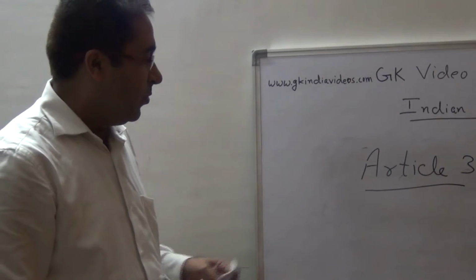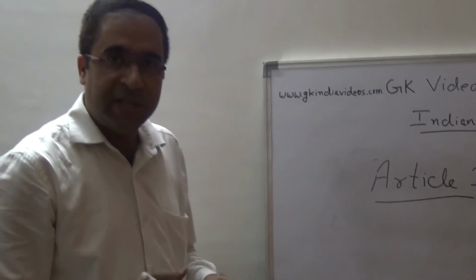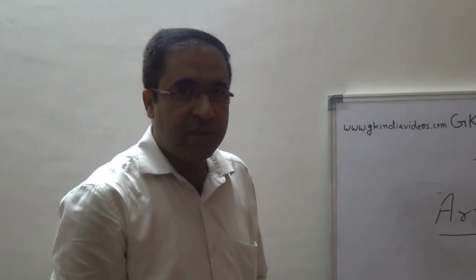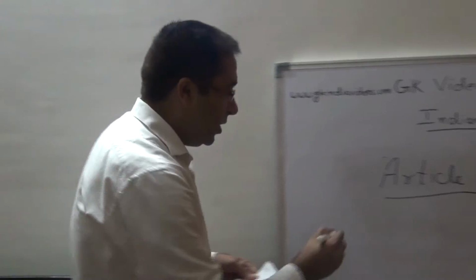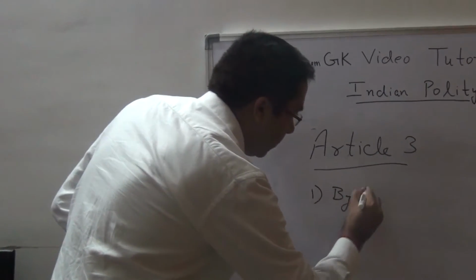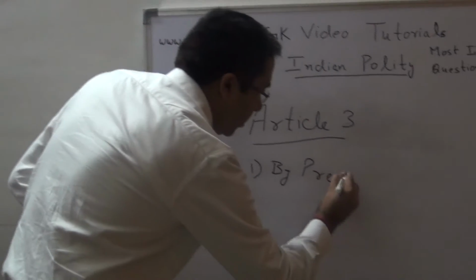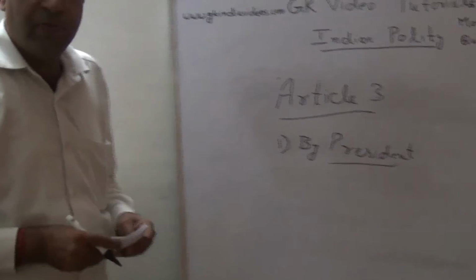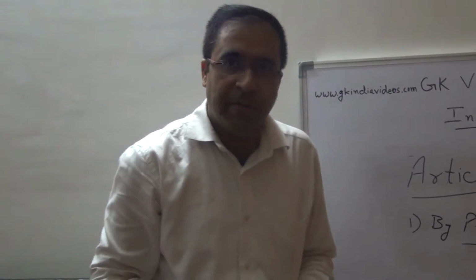But before introducing or passing such a bill in the Parliament, there are two preconditions. What are those conditions? One is the bill needs the assent of the President before it is introduced in the Parliament.